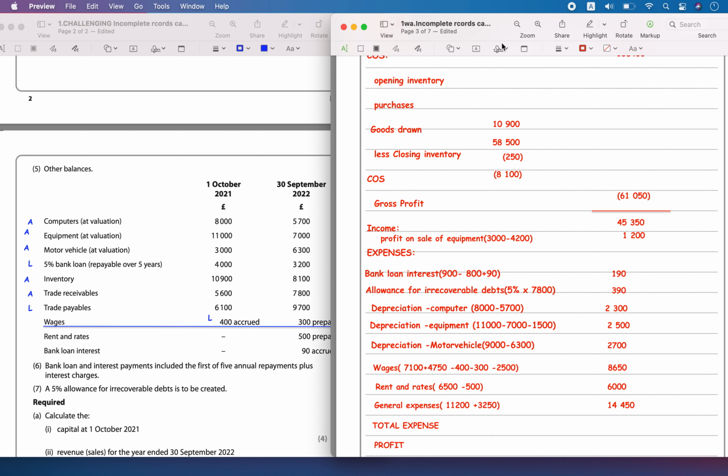So now let's calculate the total of these expenses.